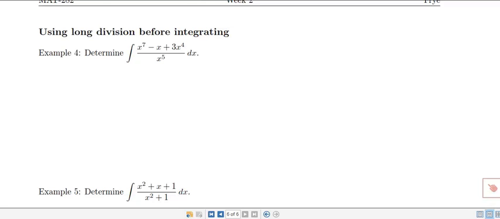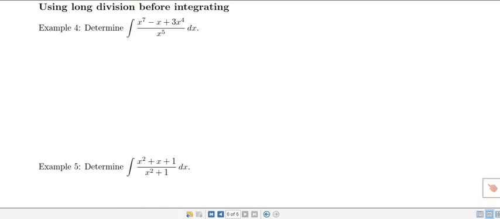Now, if you take a look at example number 4, you will notice u substitution doesn't work because the derivative of the denominator does not give you the numerator. So we will have to apply the long division technique that we learned from pre-calculus. We will break down the fraction into 3 fractions, because the numerator has a higher degree.